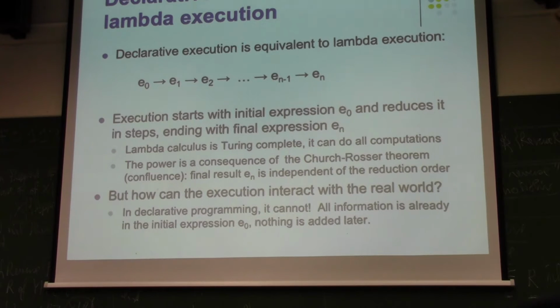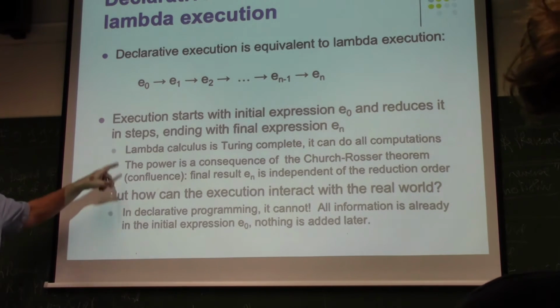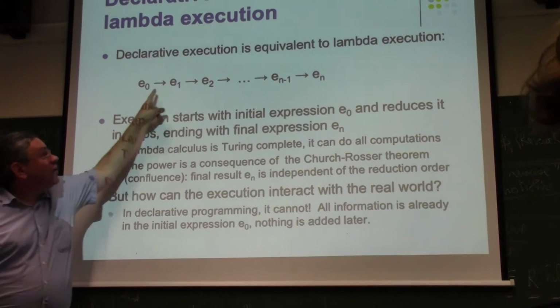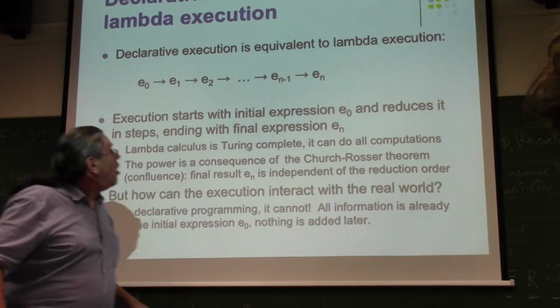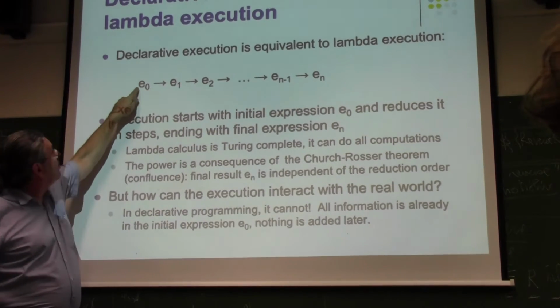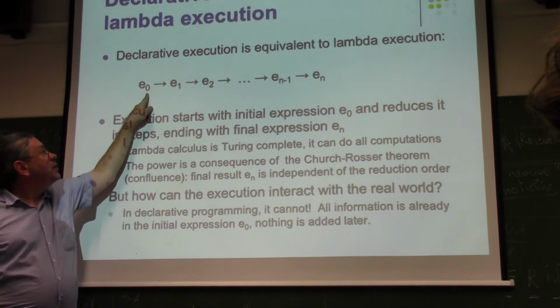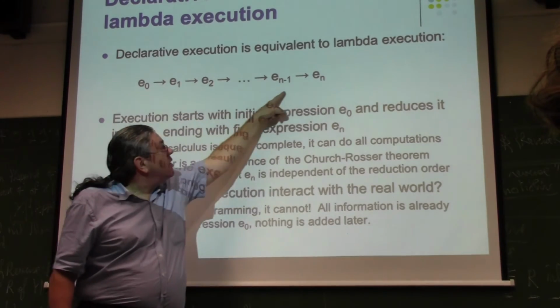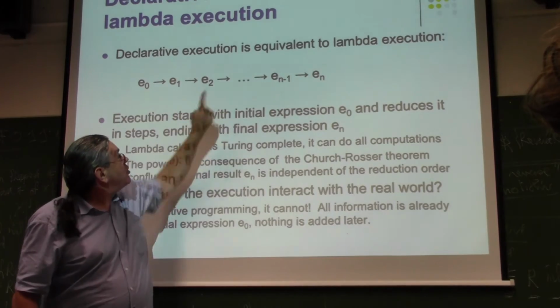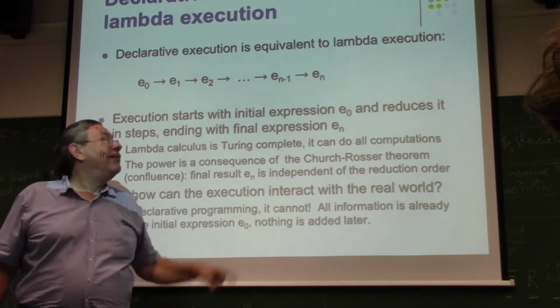So how is that possible? Okay? Well, it's very simple. You start with E0 and you go to En. So all the information is already in there. This is your whole program, E0. So while it's executing, no information can go in there.